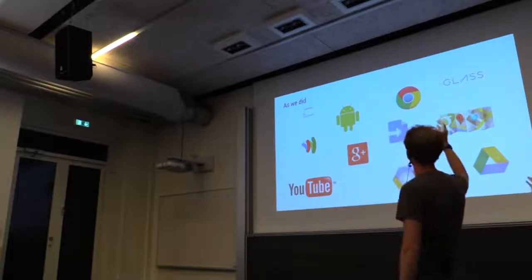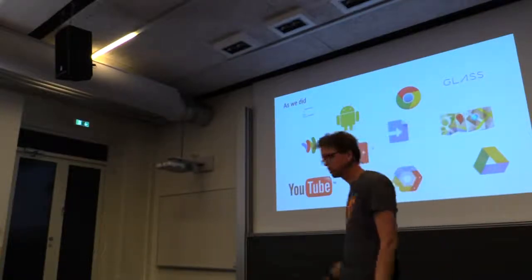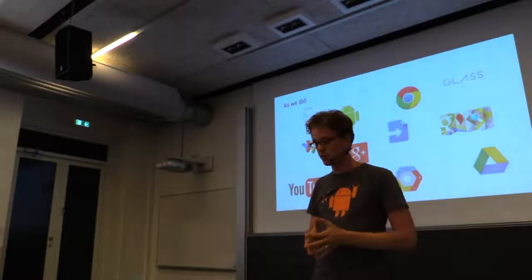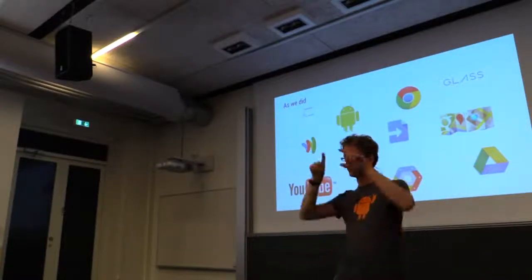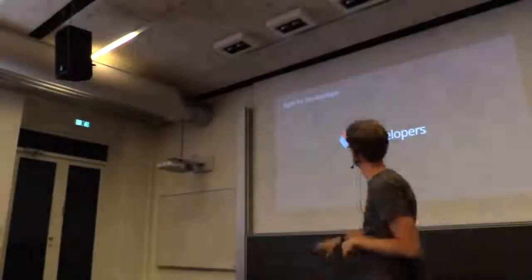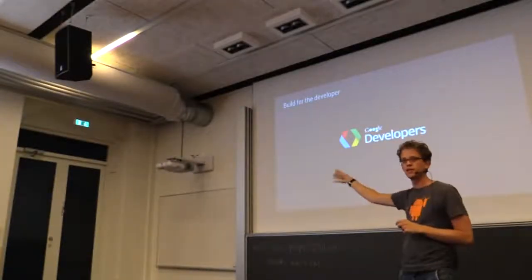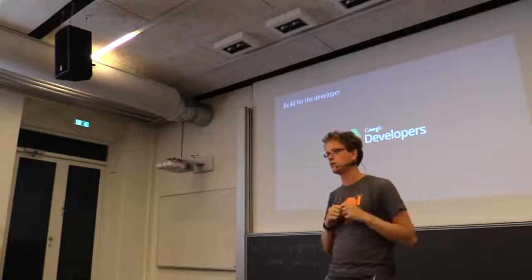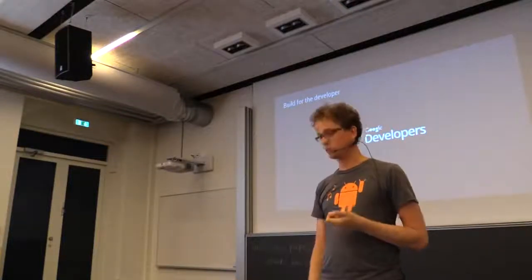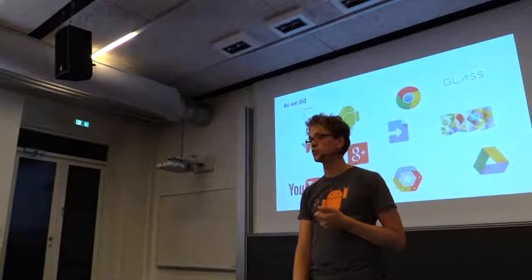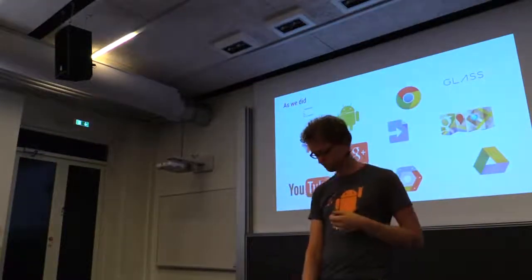Google Wallet, YouTube, Plus, Maps, Glass, Chrome, everything. In everything, we try to focus on what the developer wants, create a very good developer page. I would really recommend you go here, but also go to Facebook's developer page, go to Twitter's developer page, and look at what you find there. That's what most developers would like to see if they start a new project and want to start reusing some of your stuff.